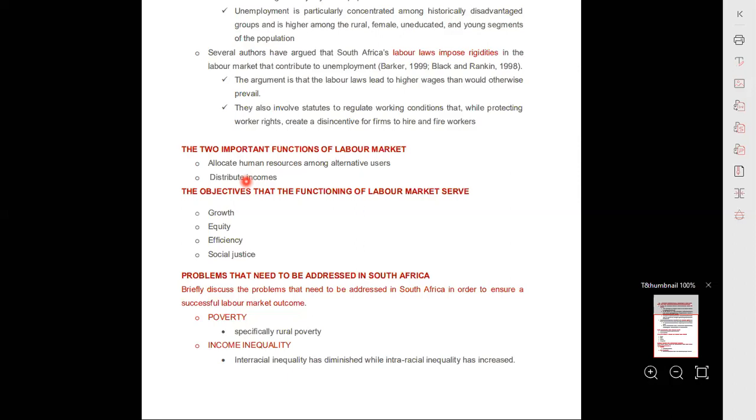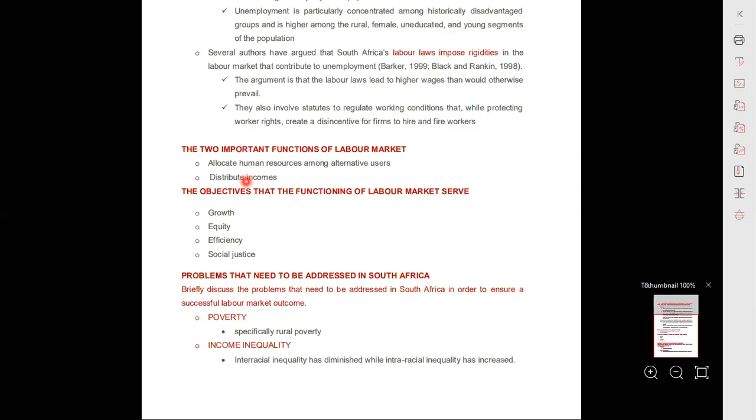Growth, equity, efficiency, and social justice. These are the objectives of the labor market. They should serve these perspectives with regard to growth, equity, efficiency and social justice.